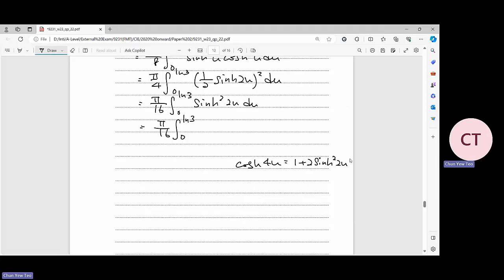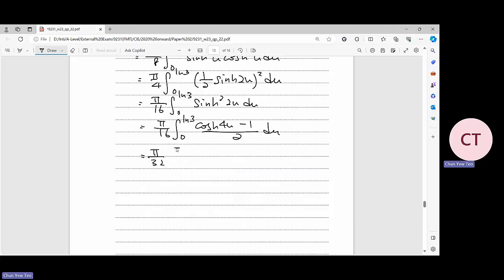So that means sinh² 2u will be (cosh 4u − 1)/2. So this one will become ∫ (cosh 4u − 1)/2 du. So just direct use of the formula will do. Then again, I will take the 2 out, make it become π/32.